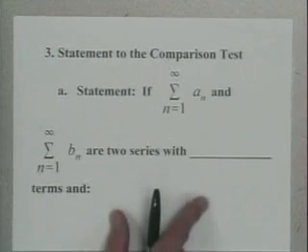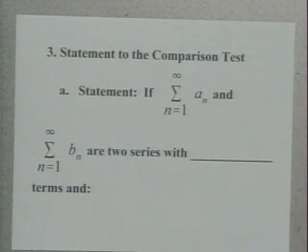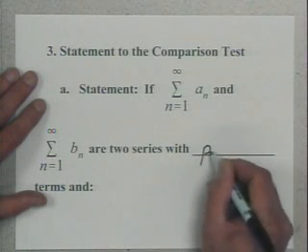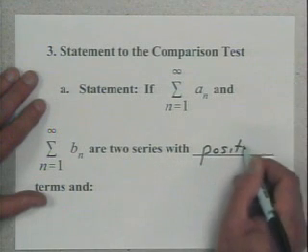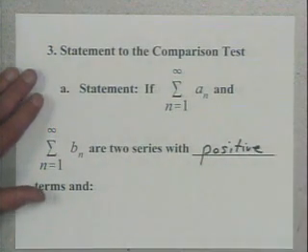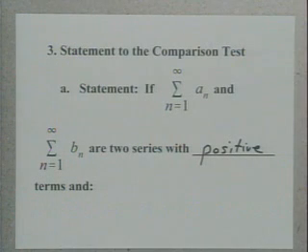Okay, that's all summarized in the infamous comparison test right here. It says, if you have a series, n running from 1 to infinity of a sub n, and you have another series, n running from 1 to infinity of b sub n, and these are both series with positive terms, that's basically the only condition. Make sure that both of your series have positive terms.